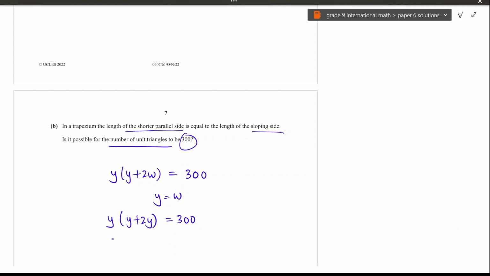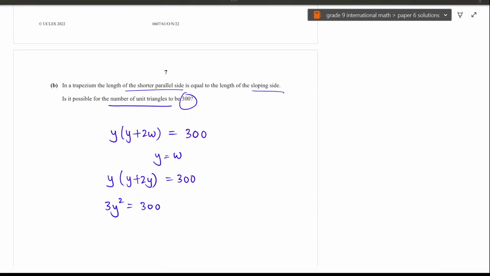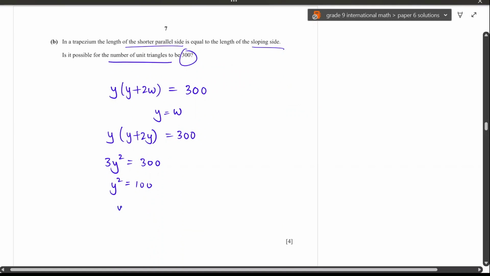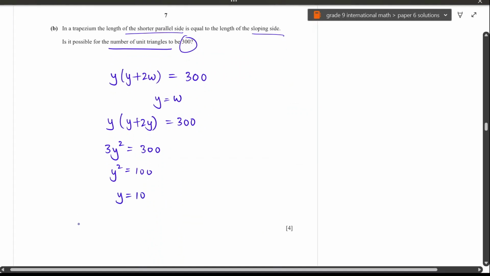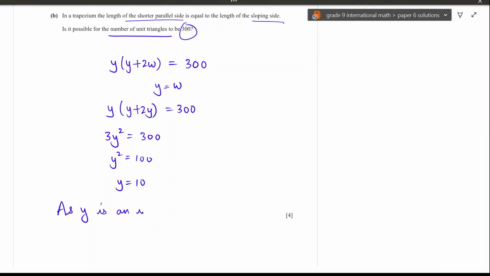That gives me Y into 3Y, that gives me 3Y square is equal to 300. That gives me Y square is equal to 100, which further gives me Y equal to 10. And as Y is an integer, yes, it's definitely possible.